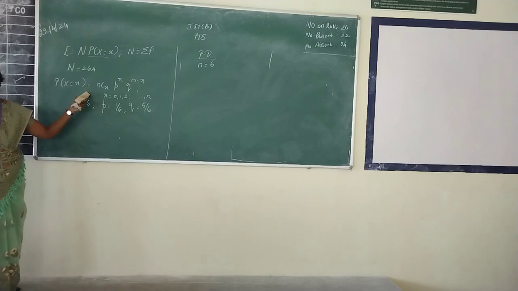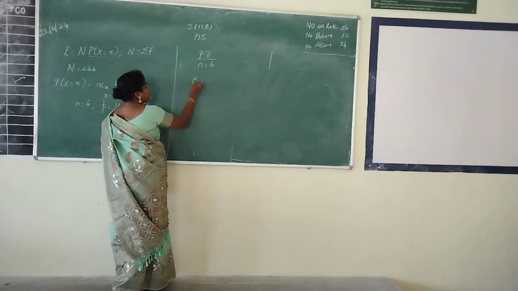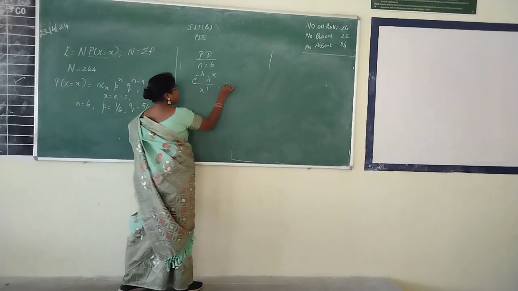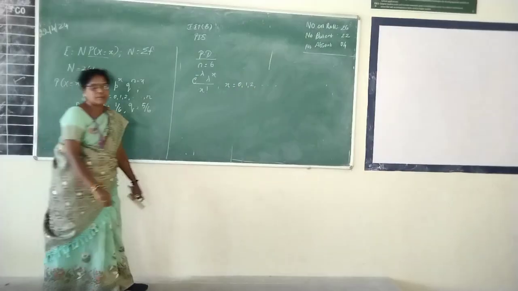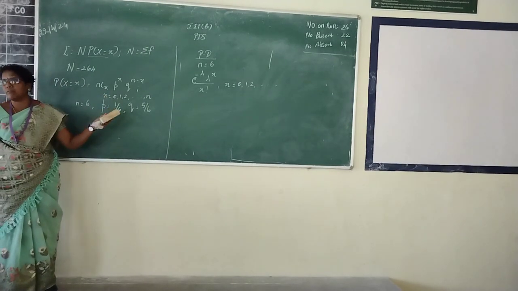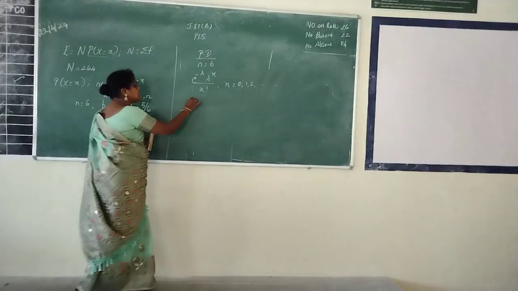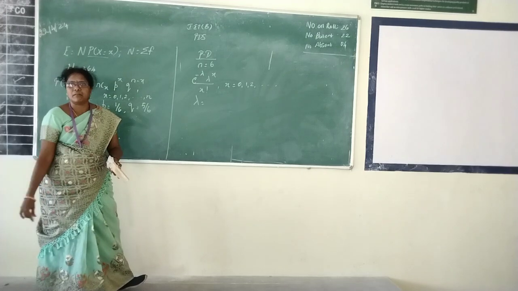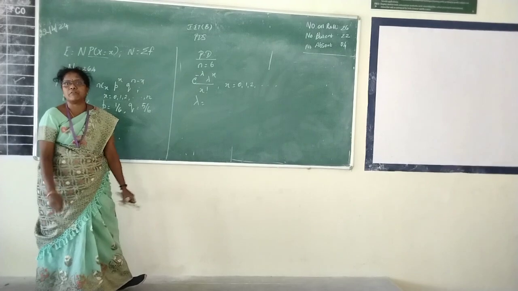What is the definition of Poisson? e power minus lambda, lambda power x by x factorial, where x varies from 0 to infinity. If you are going to solve it by Poisson, you need the lambda value. Only if you know lambda can you solve it by Poisson. So what is lambda now? You need n and p value. If you are not able to find p value, how can you find lambda?